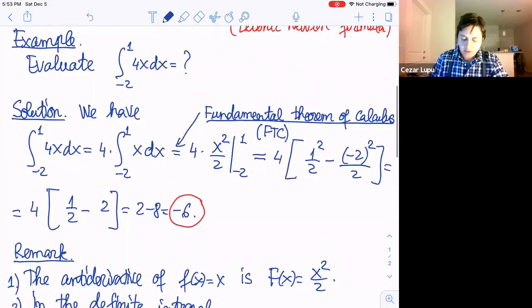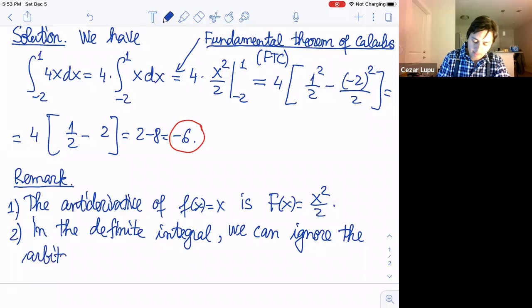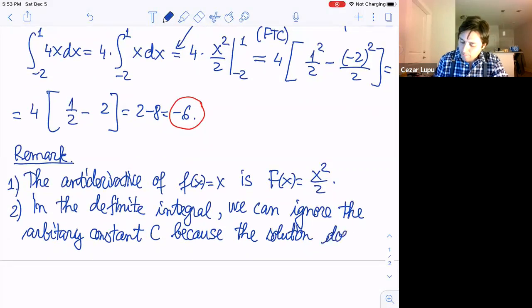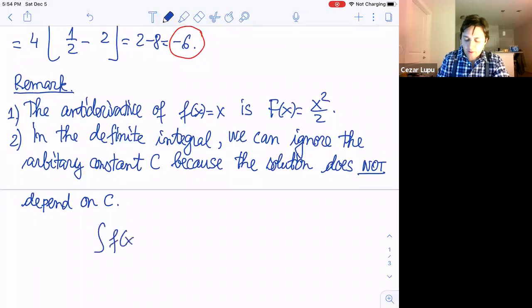So in the case of the definite integral, we can ignore the arbitrary constant c, because the solution does not depend on that constant c.